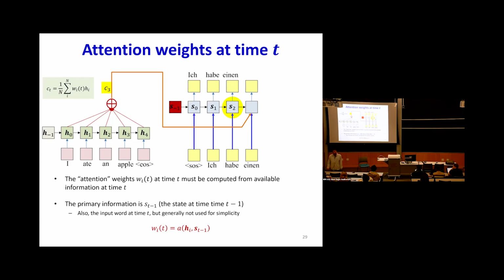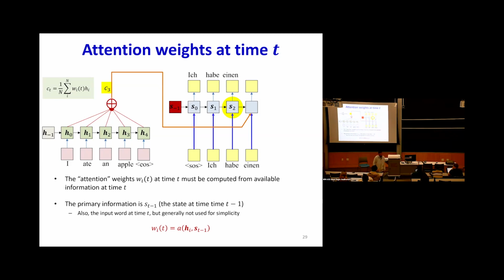And we must use these somehow to figure out the weights of the terms on the input, which means that the weight for, say, "I" must be a function of H0 and S2 and "einen". Typically, we will not consider the word itself. We'll just use S2, right? And so the weight for each one of these input words is going to be a function of the corresponding hidden state over here and the decoder hidden state at the previous time. That clear?